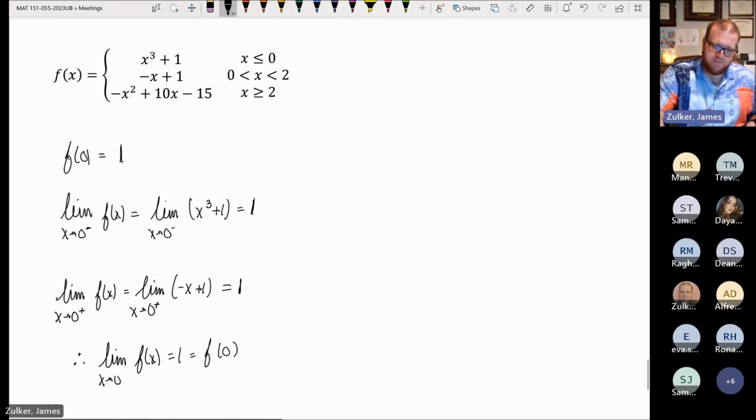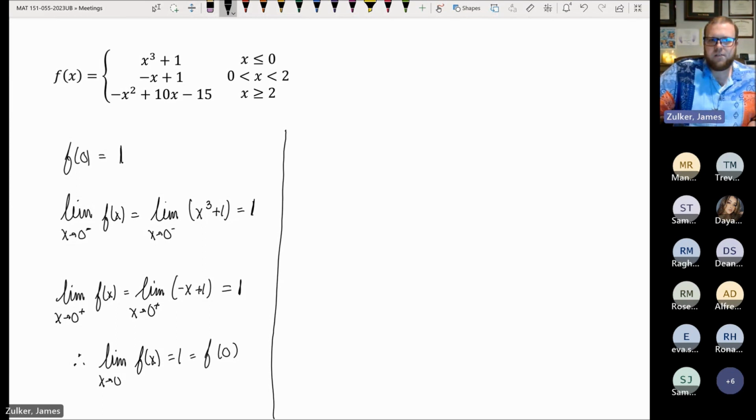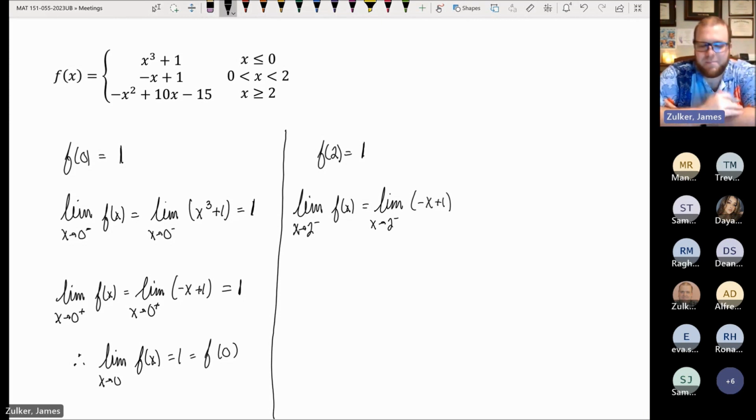Check 2. Right? F of 2 is 1. Left-handed limit would be negative 1.